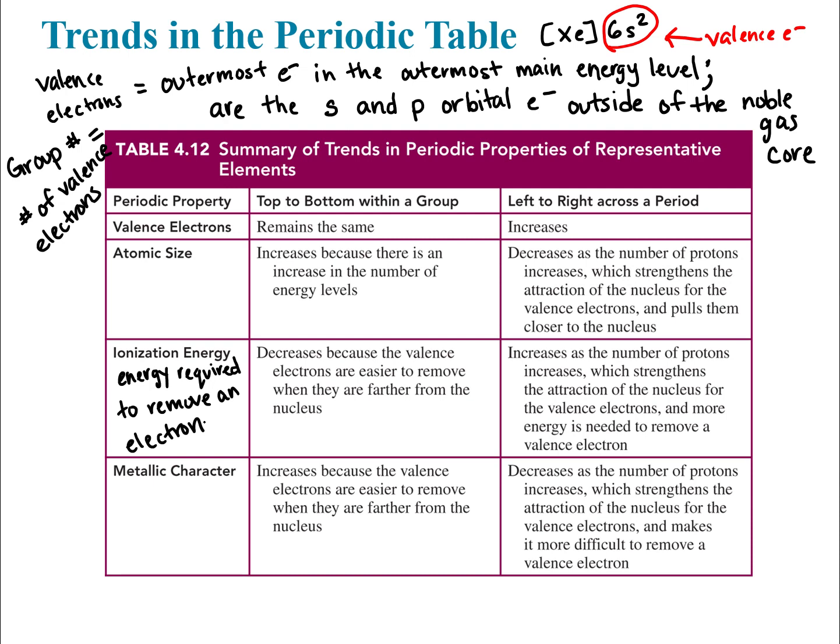And metallic character also describes this. How easily does the element lose its valence electrons?